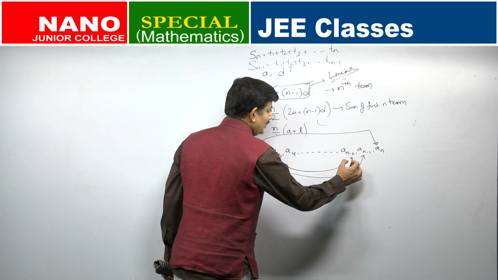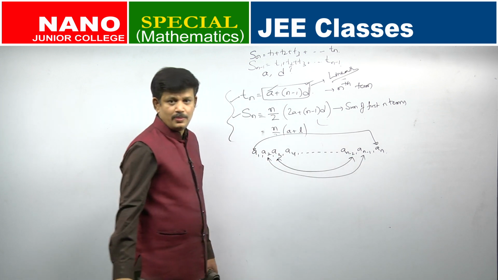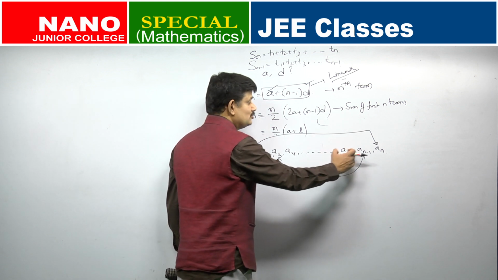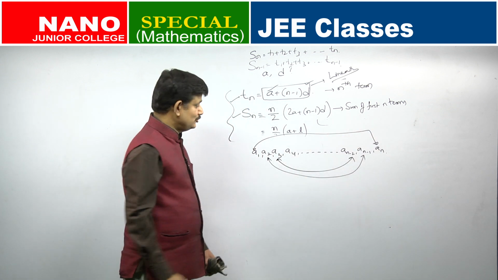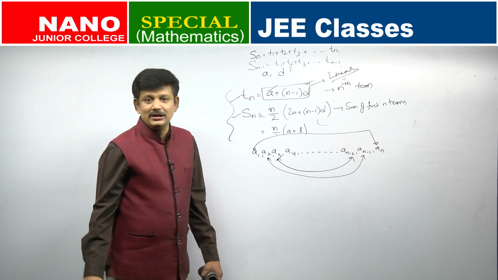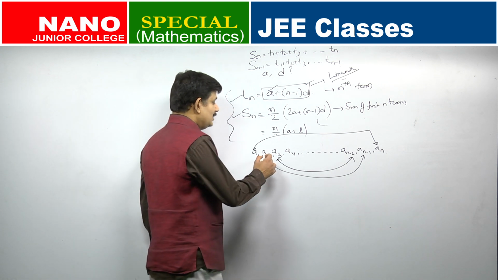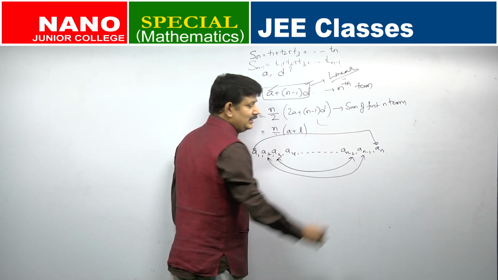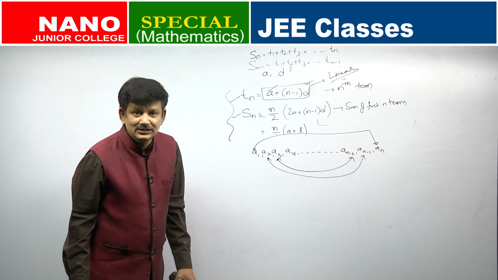Similarly, the sum of A3 plus AN minus 2: A3 is what? 2d more than A1, and AN minus 2 is what? 2d less than AN. So the sum of A3 plus AN minus 2 will again be the same as the sum of A2 and AN minus 1, which is the same as A1 and AN. Is it clear?